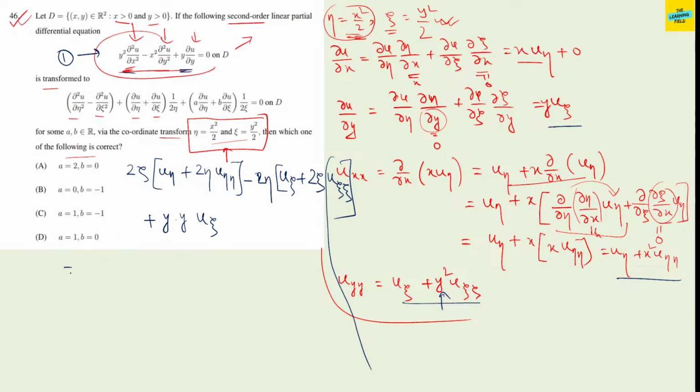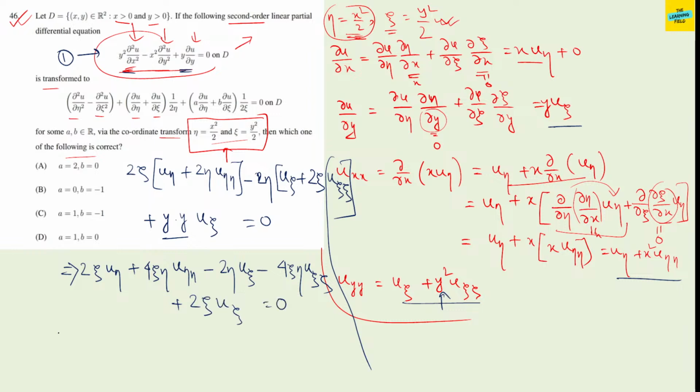So this is equal to 2, and this is simply 0. Okay, so 2ξ u_η plus 4ξη u_ηη minus 2η u_ξ minus 4ξη u_ξξ plus y² means again 2ξ u_ξ.